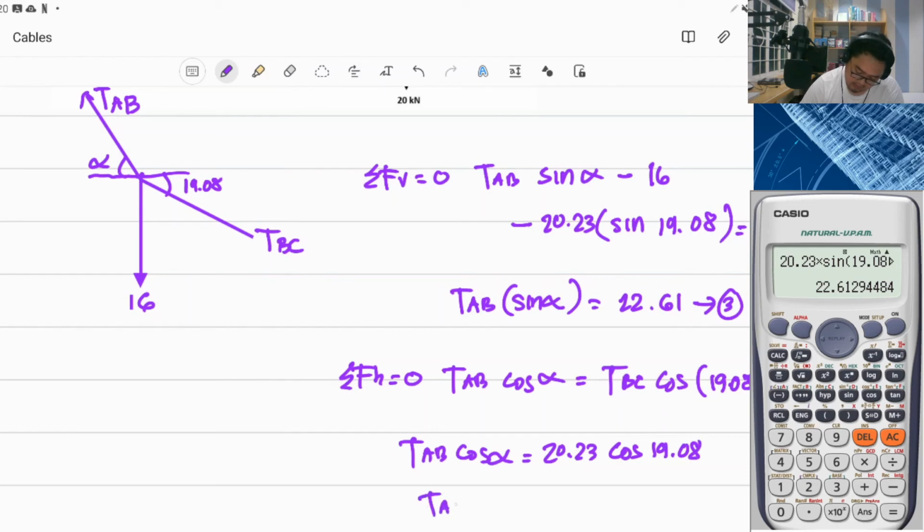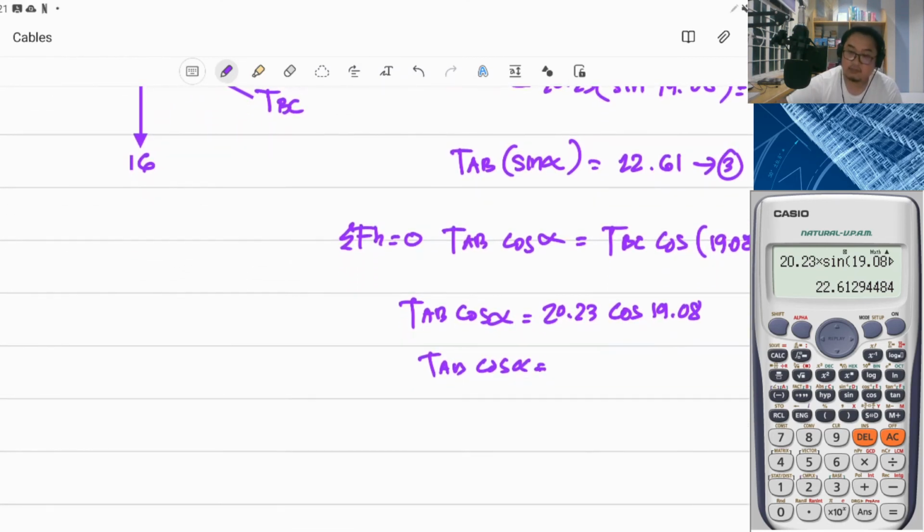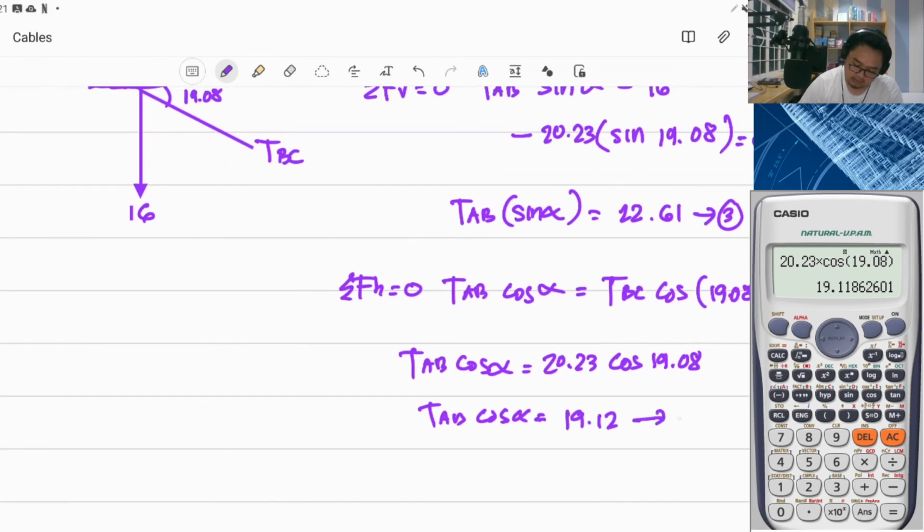So TAB cosine of alpha equals 20.23 cosine of 19.08. Okay, so this is 19.12. So this is our equation 4.